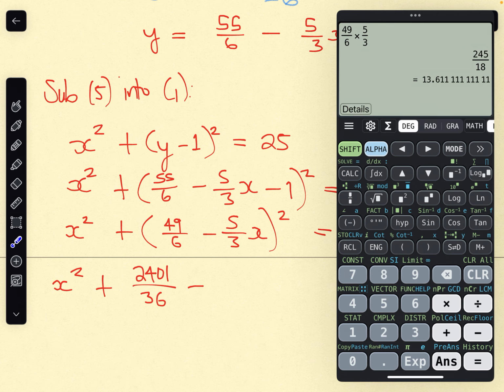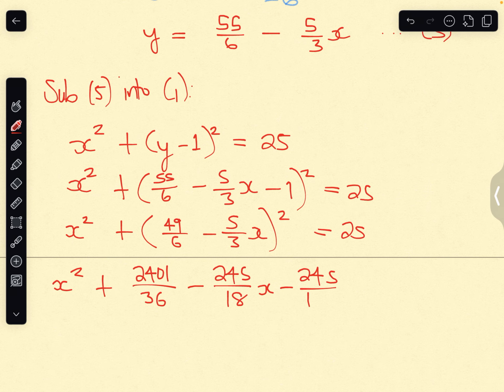So that is 245 over 18x, minus another one of those, and then the last one would be 5 over 3x times 5 over 3x, and negative times negative is positive, so that would be 25 over 9 x squared is equal to 25.